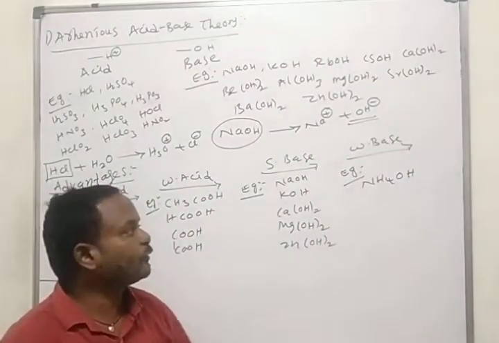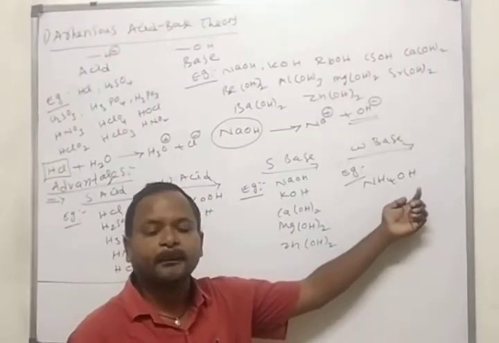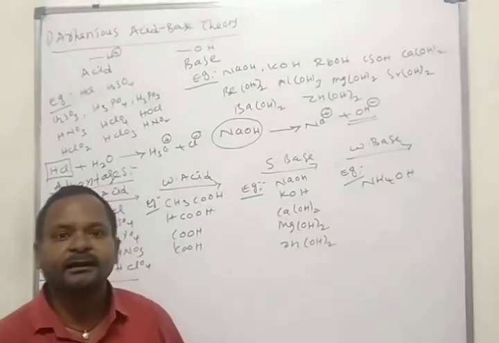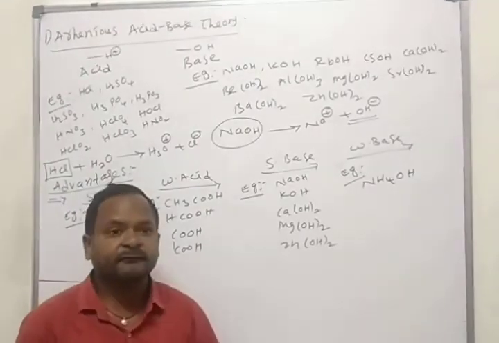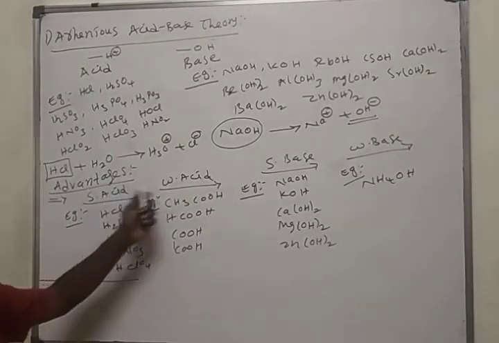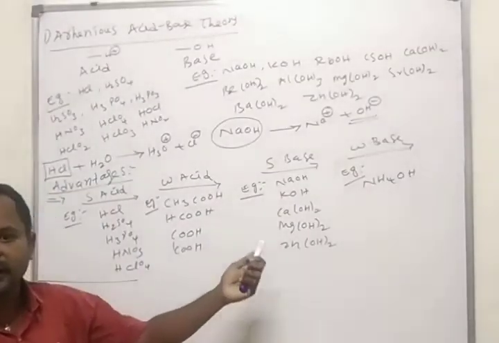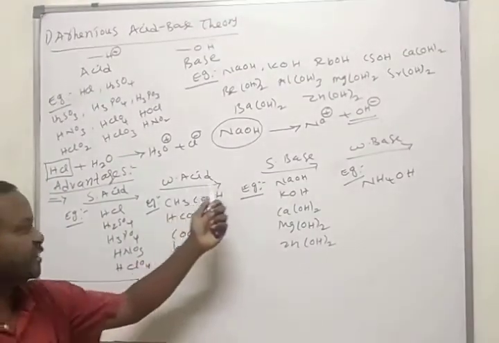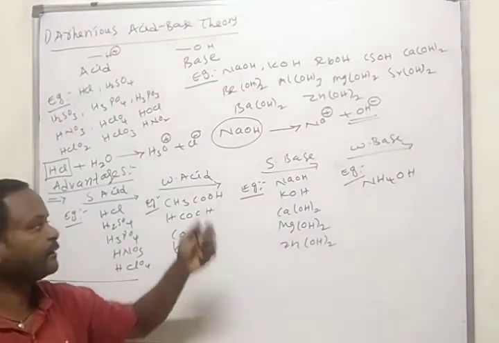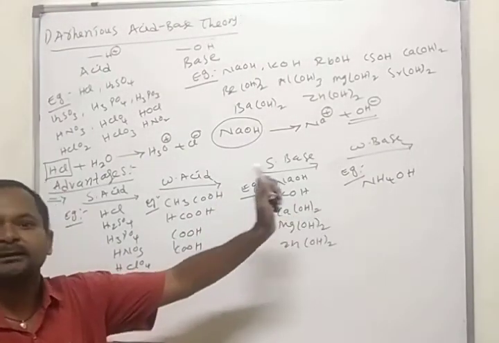It gives OH minus ion slowly in aqueous medium, that's why it is considered a weak base. By using the Arrhenius theory, we can explain the strength of acids and bases: strong acid, weak acid, strong base, weak base.